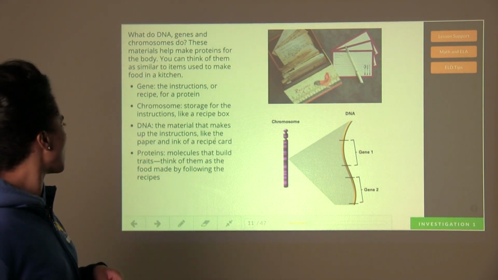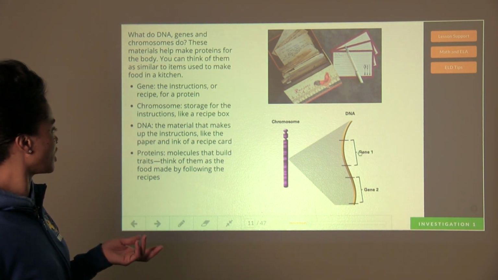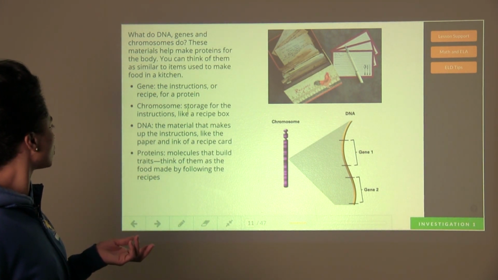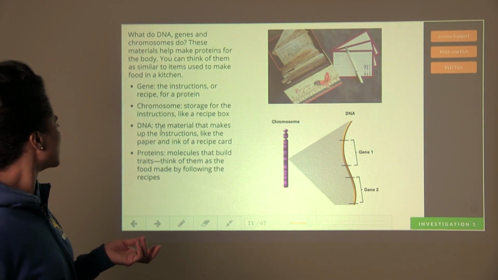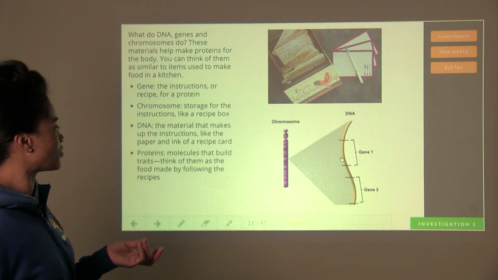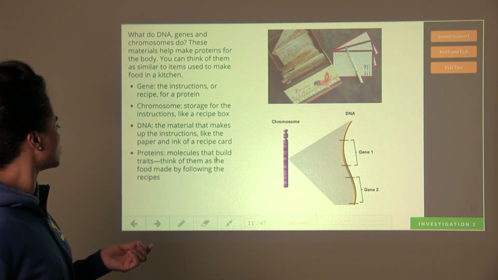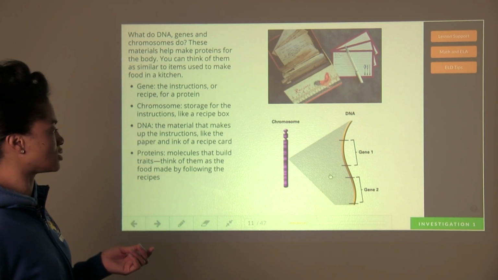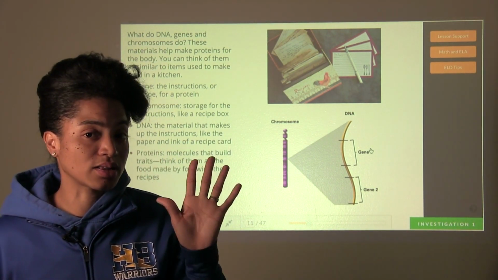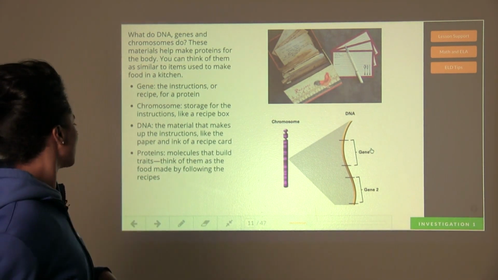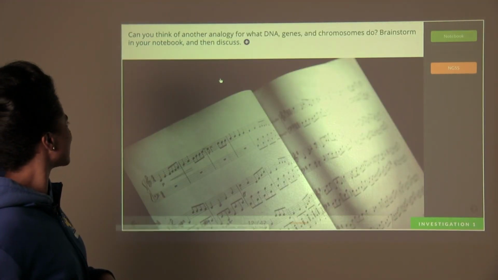Who has which job? Gene provides the instructions, right here. Chromosomes, storage for the instructions. DNA, the material that makes up the instructions. And proteins, molecules that build traits. Okay? And today's traits that we discussed would be eye color, skin color, hair color. Okay? All right. Good to go.